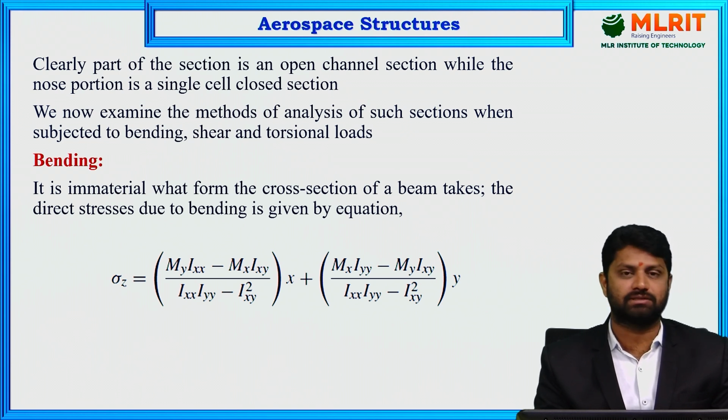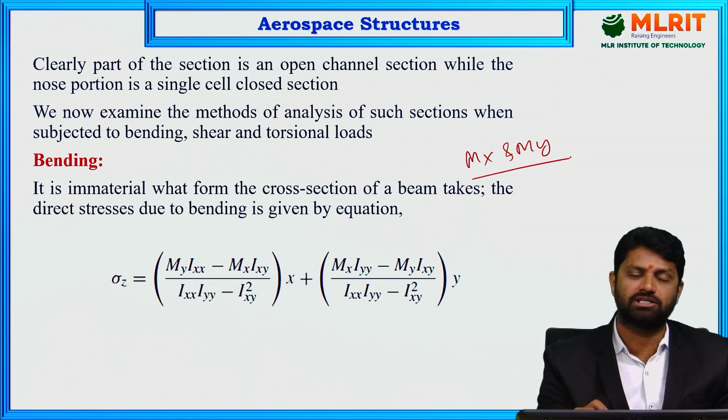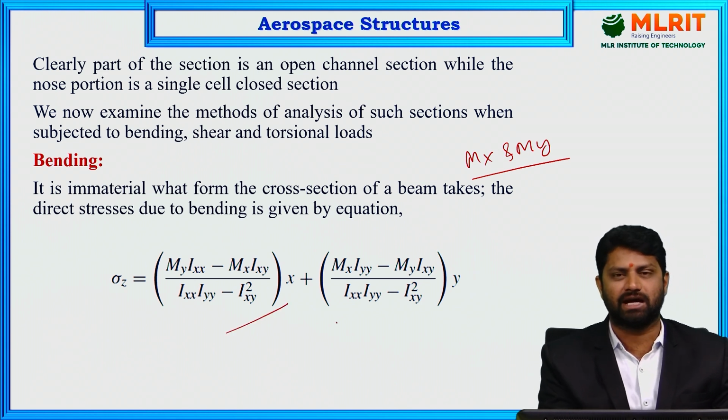First we look into bending. When it comes to bending, we use Mx and My bending moments per unit length. It is immaterial what form the cross section of a beam takes, because the direct stress due to bending is given by the equation: sigma z equals (My Ixx minus Mx Ixy) divided by (Ixx Iyy minus Ixy squared) into x, plus (Mx Iyy minus My Ixy) divided by (Ixx Iyy minus Ixy squared) into y.